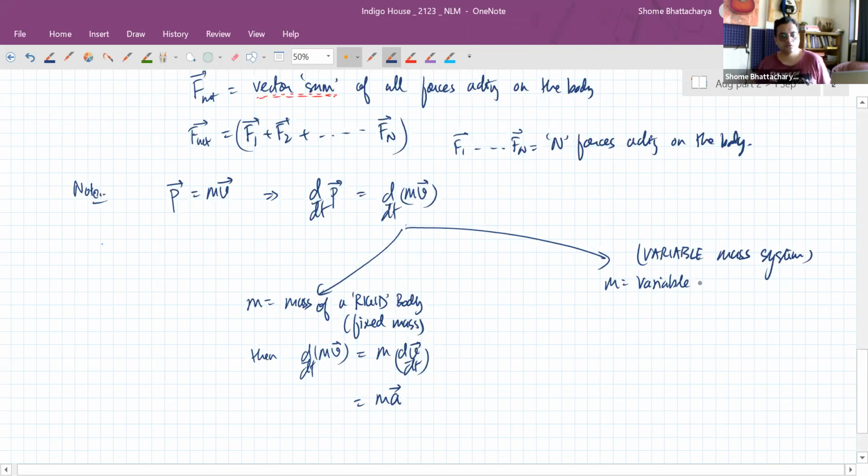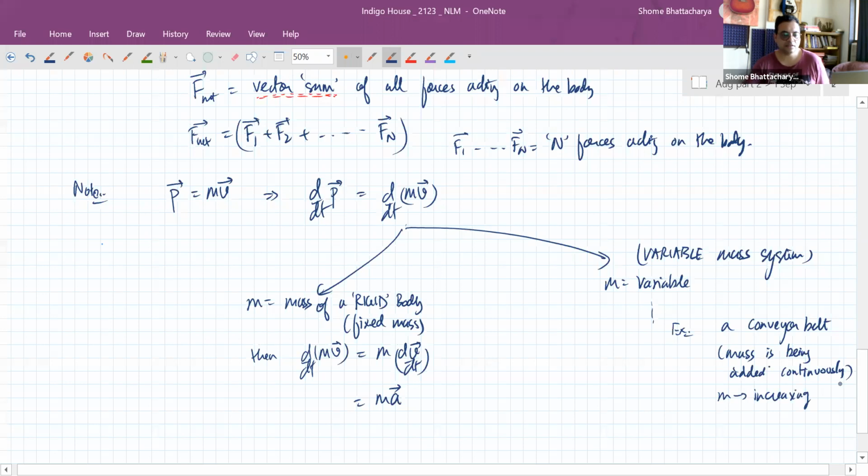So if mass is variable, an example of that is a conveyor belt, with mass being added continuously. So mass is increasing in this case, suppose.